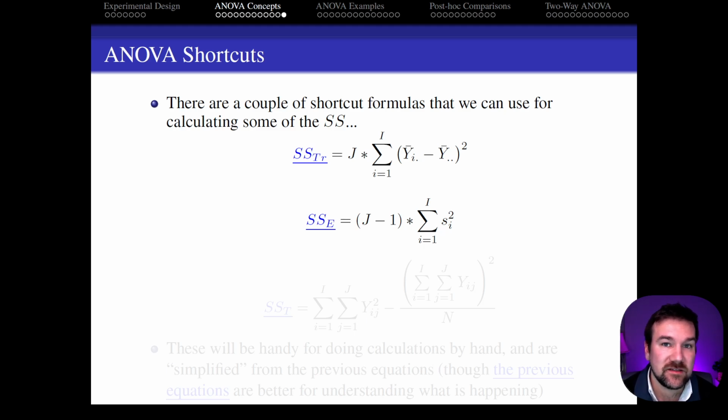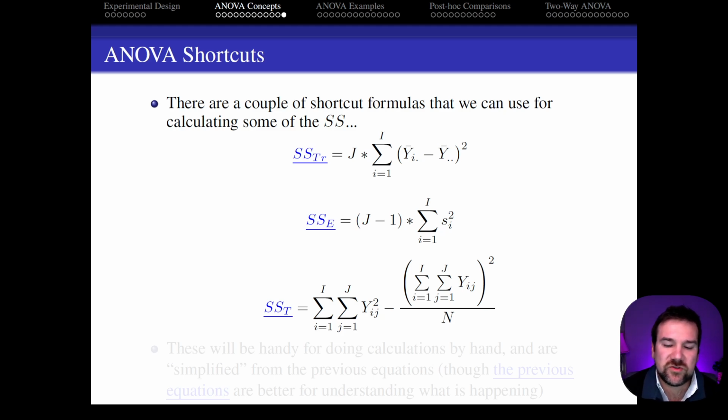Remember, SSE, the other notation is SSW, the sum of squares within. And I mentioned when we were talking about the fundamental ANOVA identity the concept that we were going to add up all of the variance inside. We can see here, we literally are adding up the variances from within each group. So I go to group 1 and I calculate the variance. I go to group 2 and I calculate the variance for only people in group 2. And then I add up all of those variances and multiply by J minus 1.